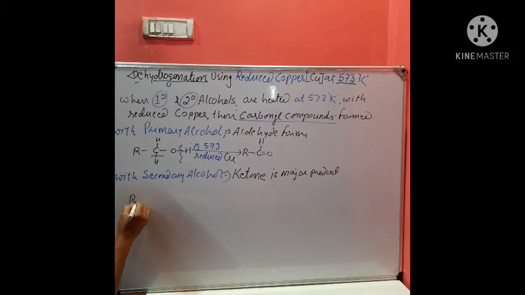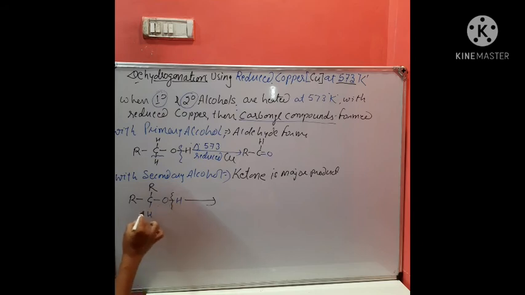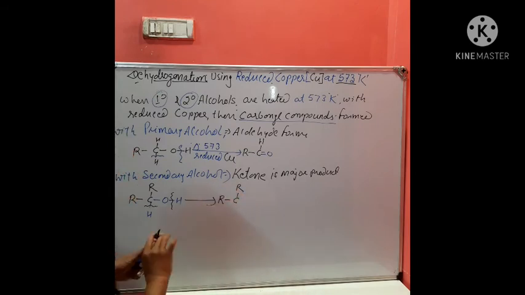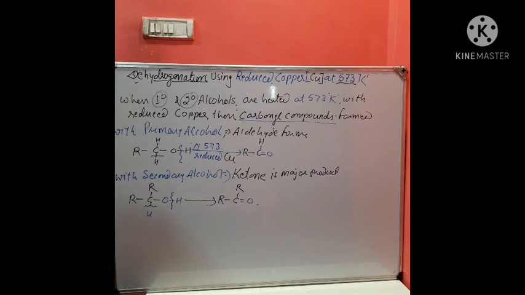Now R, this is again besides this H, you can take R, and this one is H and O and H. Now with the same condition again OH bond cleavage and CH bond cleavage take place, forming R, C, this is R and now double bond O. So ketone is the major product.